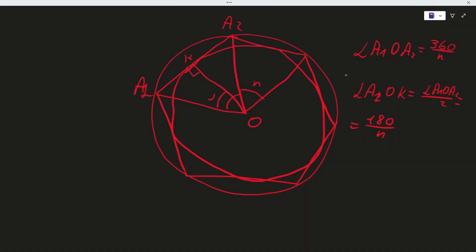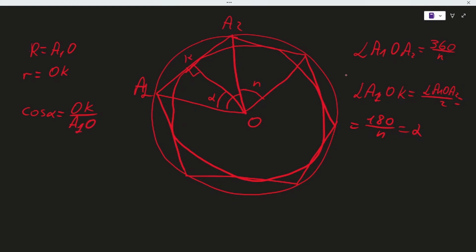In the small part, alpha equals this. The circumradius equals A1O, while the inradius equals OK. And clearly, cosine alpha will be equivalent to OK divided by A1O.